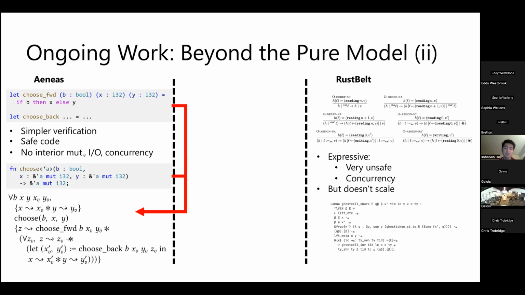So a very obvious way to go is to start from a simple separation logic, like what I'm showing you on the left, and gradually add features, add expressiveness to support features like interior mutability or concurrency, while having constraints, for example, by limiting ourselves to safe code, or maybe mildly unsafe code, something like the kind of code which is today unsafe because the borrow checker is not powerful enough to see that it is safe, but which should morally be considered as safe.